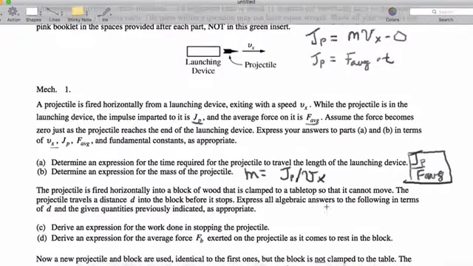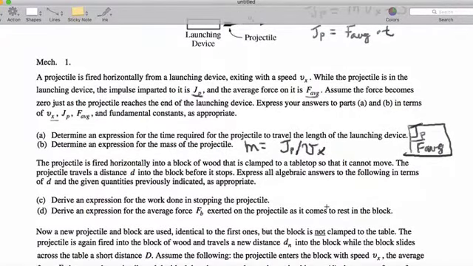Perfect. The projectile is fired horizontally into a block of wood, and the projectile travels a distance d before it stops. Let's get an expression for the work done in stopping that projectile. The work done is going to be the change in kinetic energy.